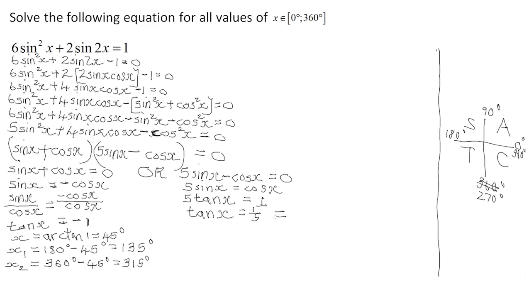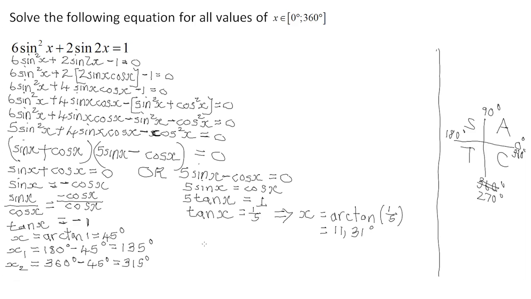It implies that x will be equal to arc tan of 1 over 5, and that is equal to, when you go to your calculator, you will get 11.31 degrees. This is your reference angle, but this is also one of the values because tan is positive in the first and in the third quadrant.